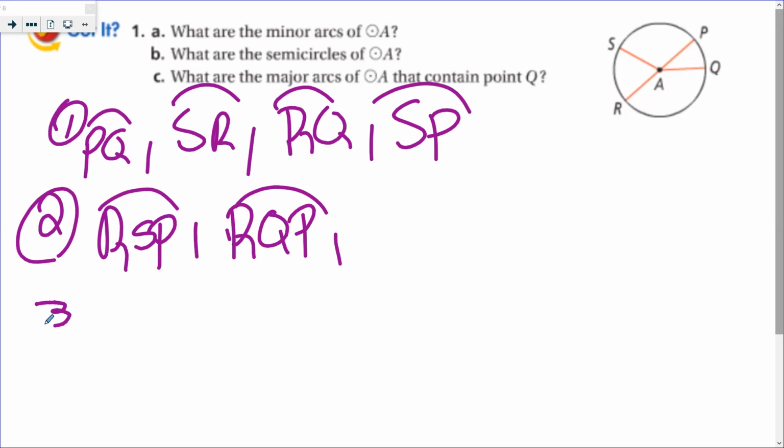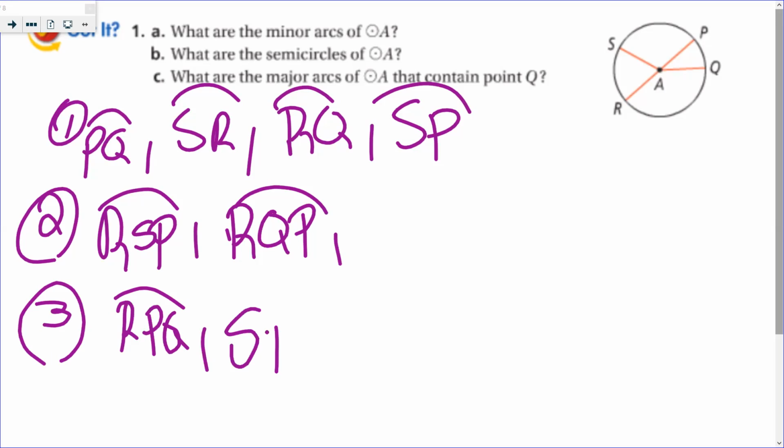Now, number 3. Give me the major arcs. RPQ. RPQ. SRQ. SPQ.